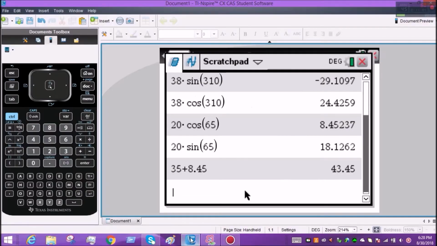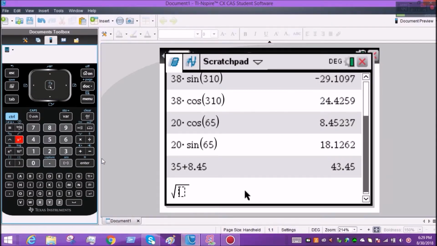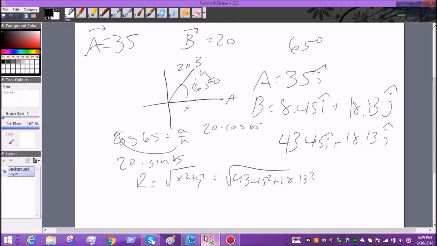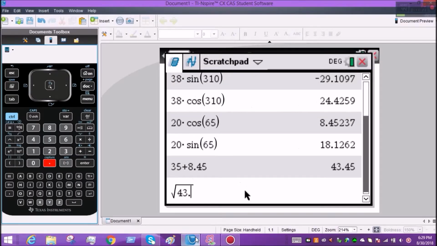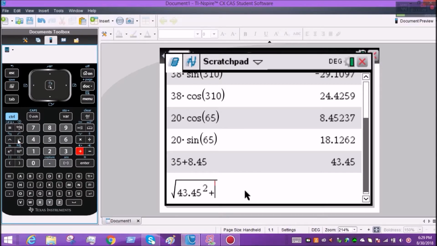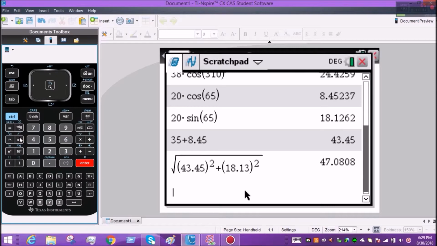If we do that in our calculator, that yields a resultant of 47.08 units, because we don't have a specific unit here.